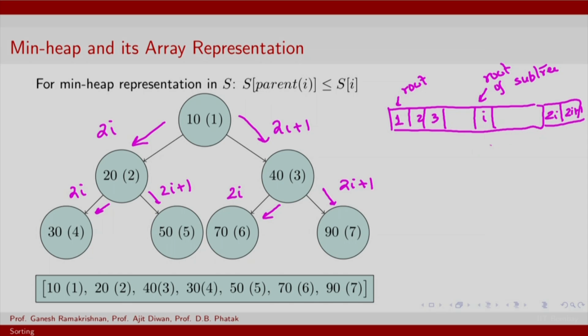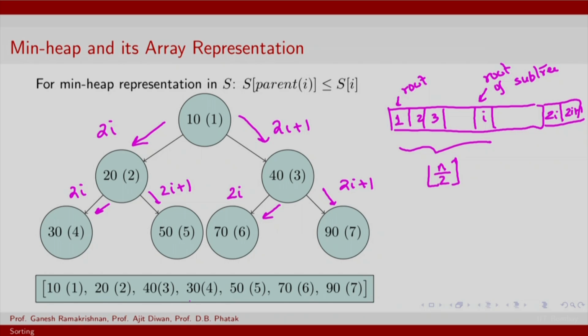Of course, for i to have children, this means that all these roots of subtrees should lie within the first floor of n by 2 elements of the array. For 7 elements, the intermediate non-leaf nodes cover the first 3 elements of the array.